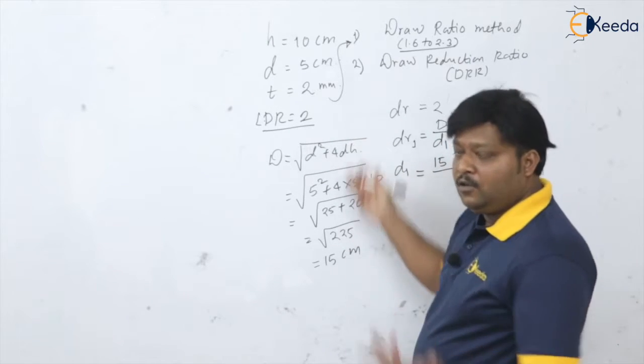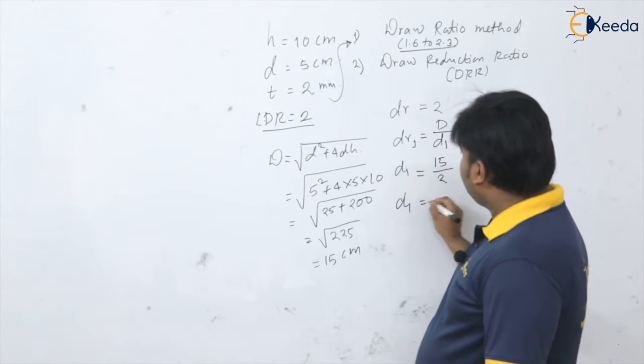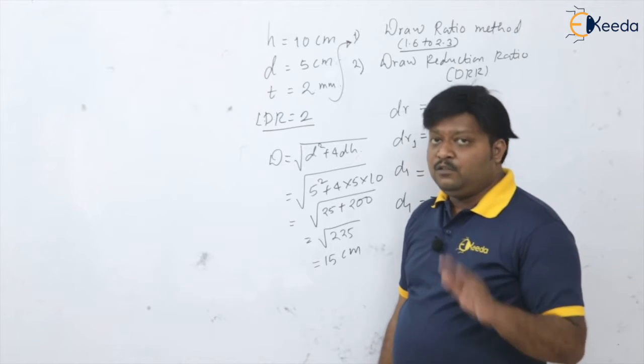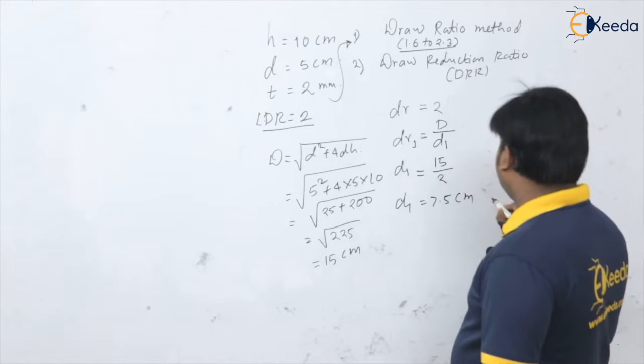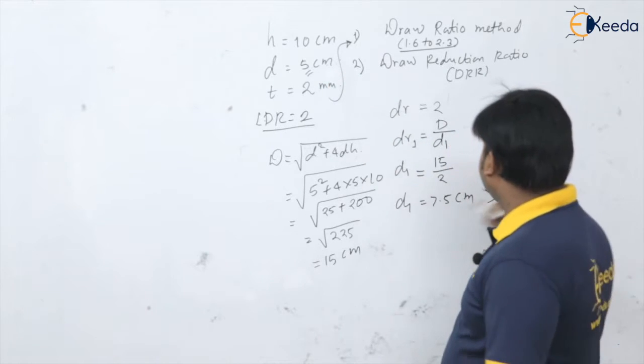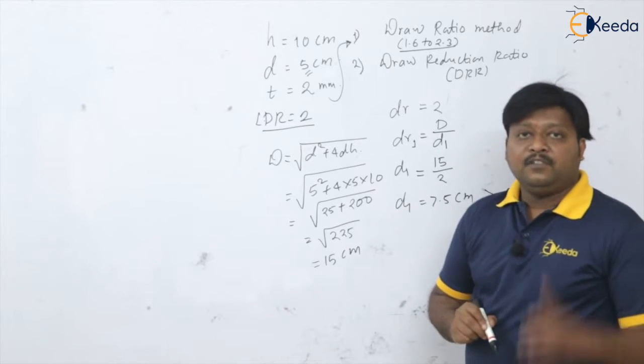Throughout the operation nothing is mentioned, so we will keep taking 2. So d1 is equal to 7.5 centimeter. But is it the required one? No, it is more than that. You need 5 centimeters, so it is greater than 5. So this is the first draw.